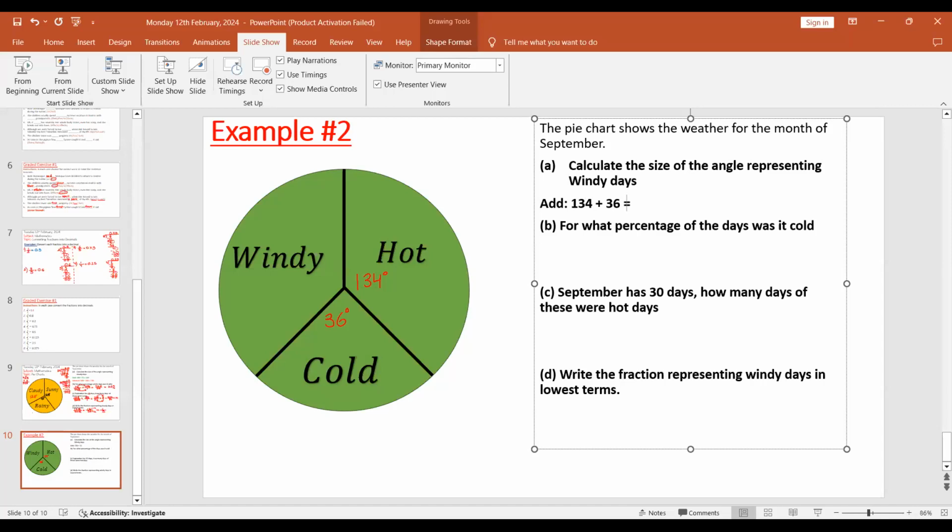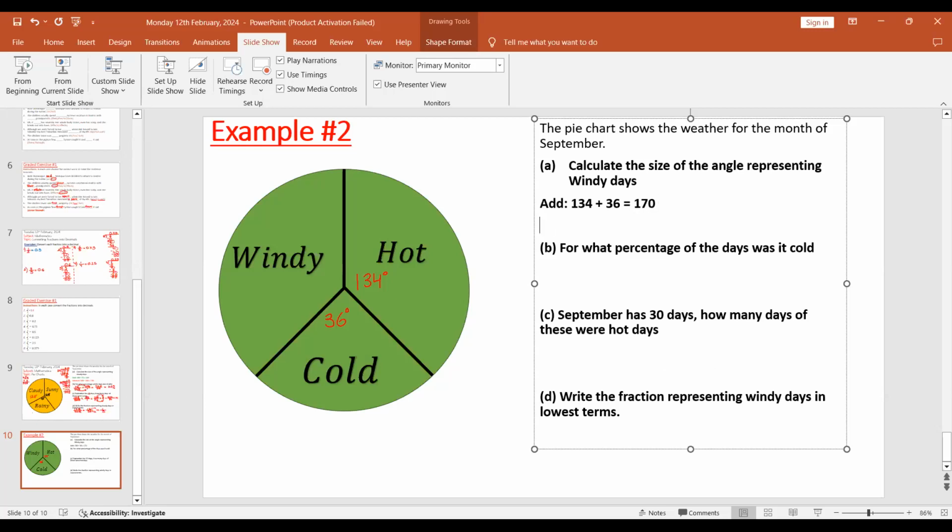And what's that going to be equal to? 170. Very good, 170. And then what are we going to do with our answer? Subtract it from 360. Very good, subtract.